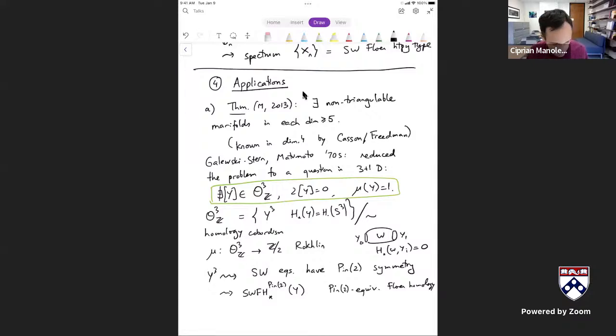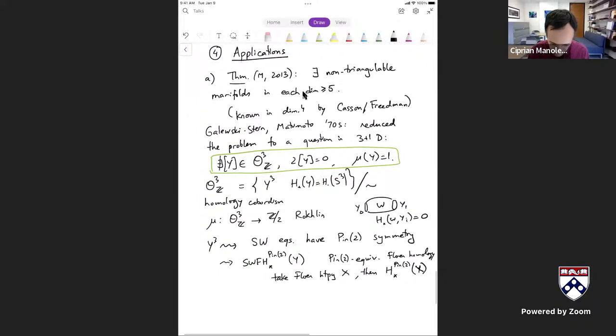So it turned out to be very helpful to have the Floer homotopy. The idea was to take the Floer homotopy type X, which is defined with this finite dimensional approximation, and then take the Pin(2)-equivariant Borel homology of this X. So that's, in a sense, the easiest way to put equivariance into Floer homology, by using homotopy.